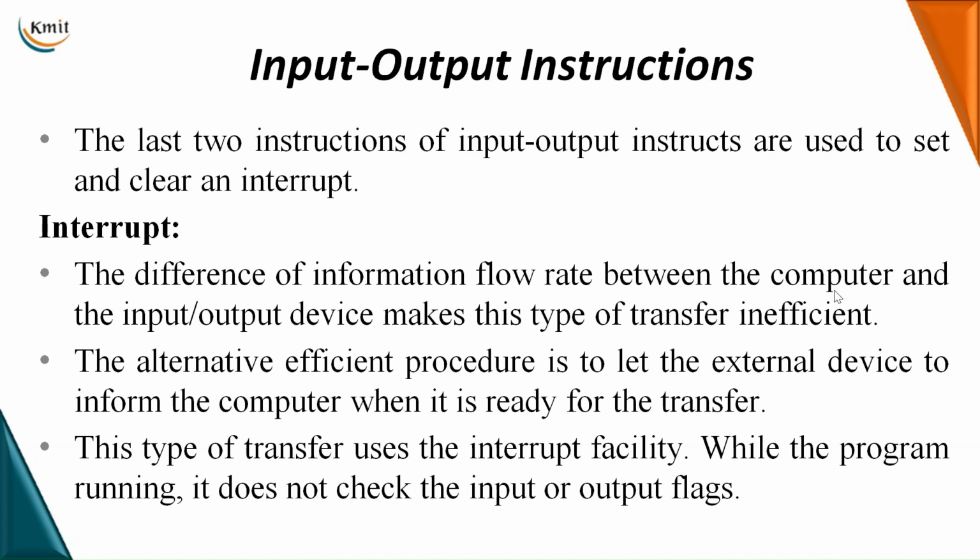So there is a gap between the time taken for the information flow between the CPU and the input output devices. Rather than the CPU wasting its time waiting for the input output devices to transfer each character at a time, it will transfer the 8 bits of information into the output register, and rather than waiting, it will continue executing some other program.